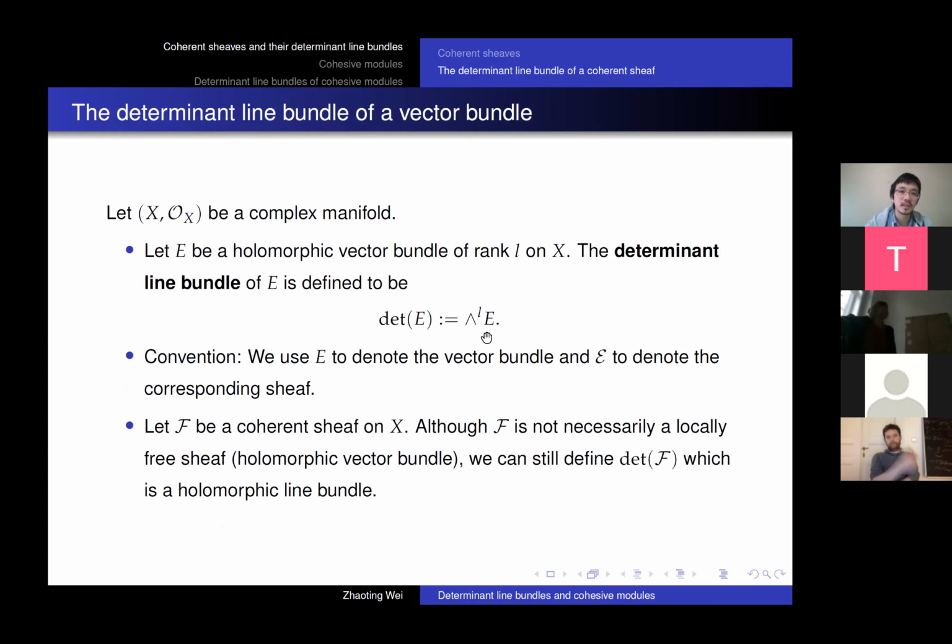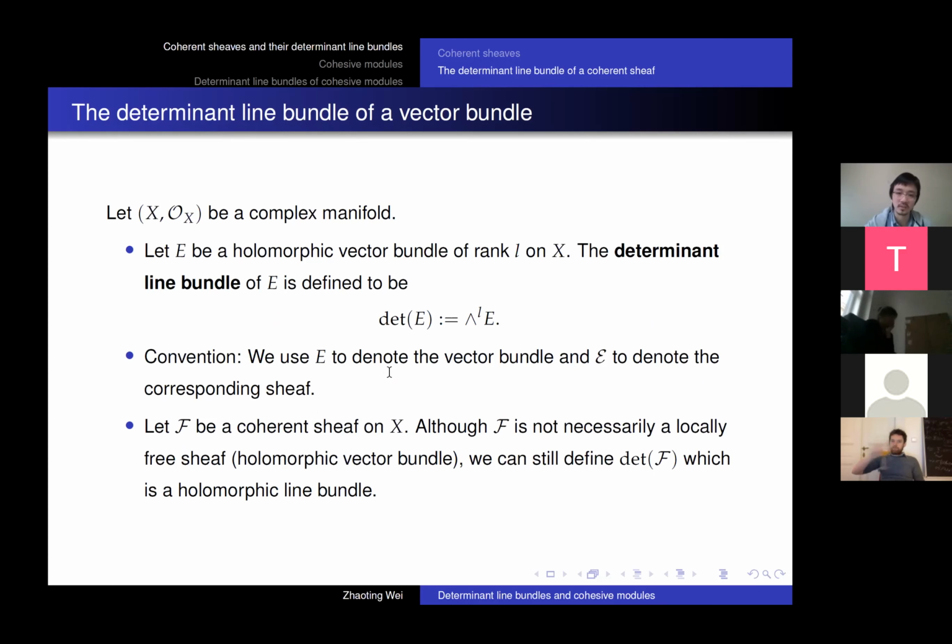Then determinant line bundles of a coherent sheaf. First, the determinant line bundle of a vector bundle is obvious: just take the top wedge product of this vector bundle, and we get the determinant line bundle. It's also a holomorphic vector bundle. In this talk, we use curved letters to denote sheaves and straight letters to denote vector bundles.